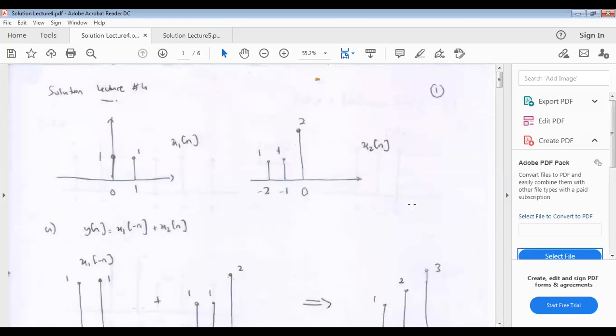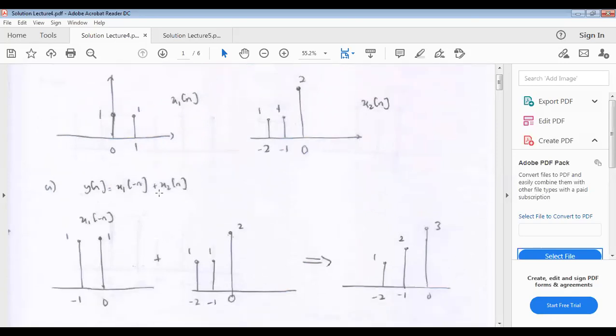So these are the signals given, where we have x1[n] located at 0 and 1, and x2[n] is here, located at -2, -1, and 0 with respective amplitudes. Let's have a look at the first question, which is a summation of two signals, where we have x1[-n] + x2[n].